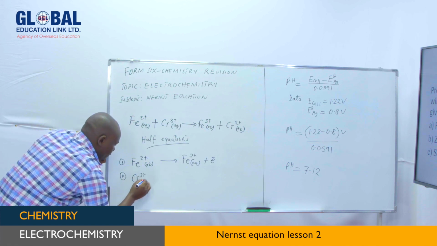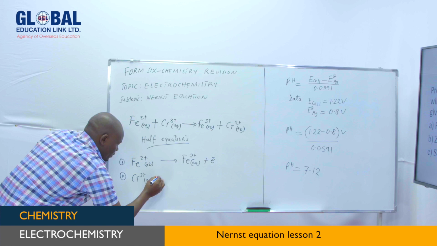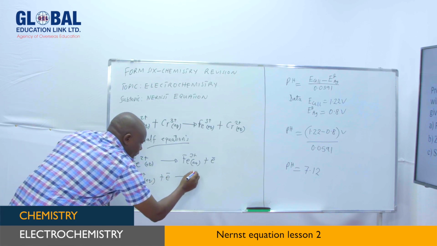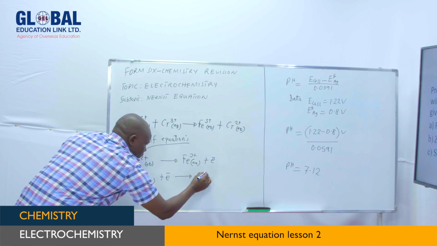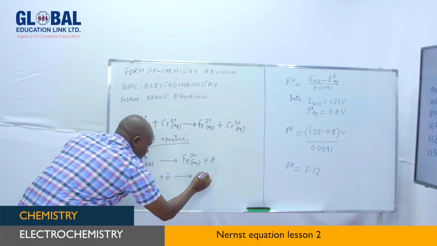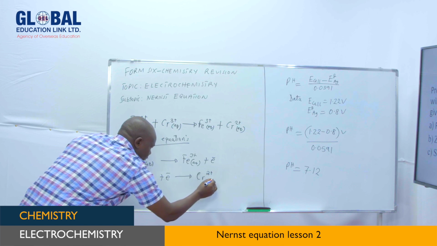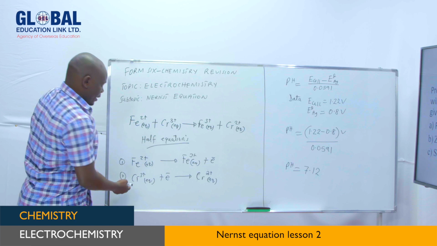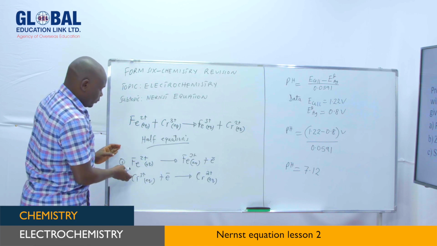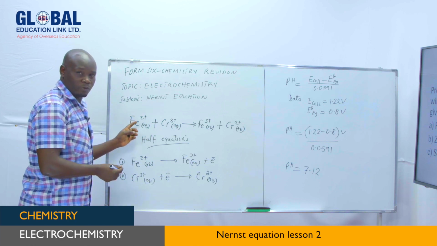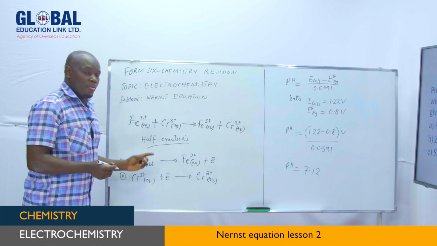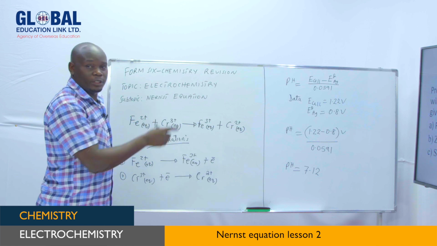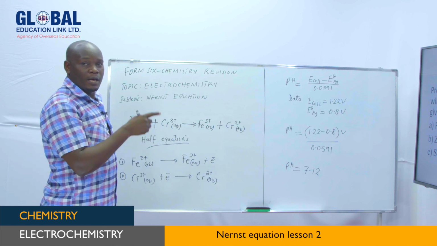Chromium 3 plus 1 electron to balance, then the product is chromium 2 ions. So these are our half equations. Once you have formulated your half equations from the given equation, we have now to compare these half equations to the given half equations with their standard electrode potentials.